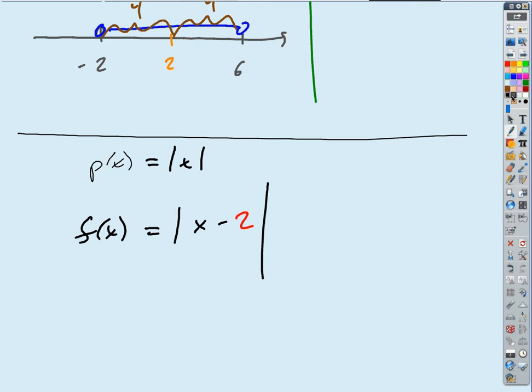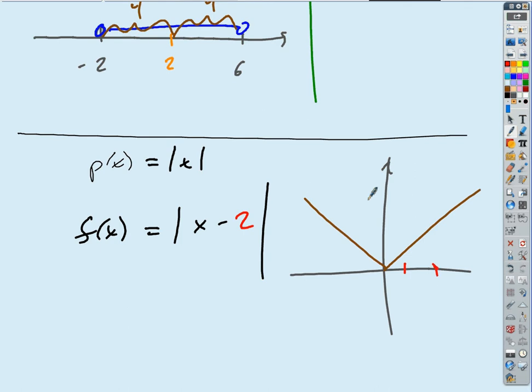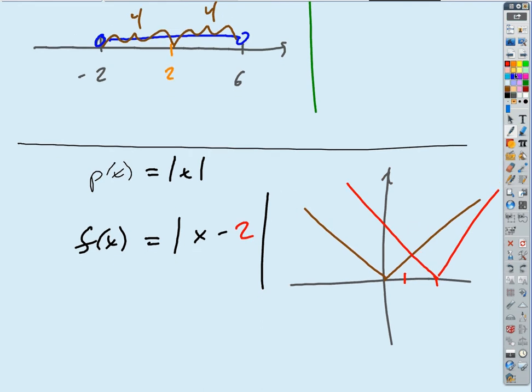So what have I done? I've taken this parent graph, and all I've done is shift it 2 to the right, like that, haven't I? Right? Okay, so then it makes sense that if I want to know where an absolute value graph is less than, say, 4. So there's the line, y equals 4.